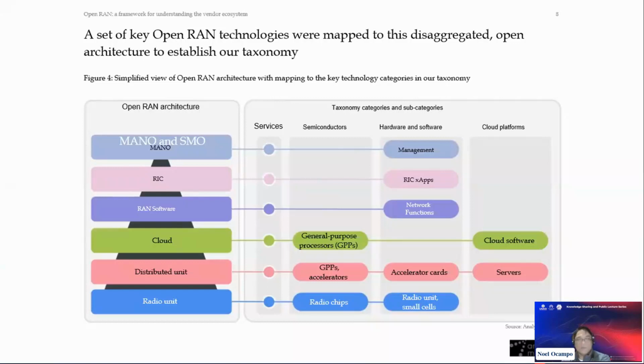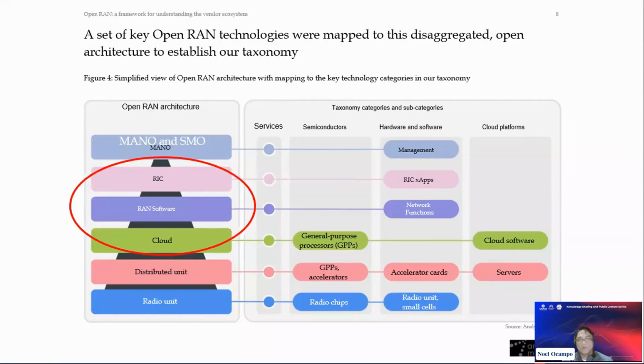But the software that is being developed for those three elements in the Open RAN architecture, which I have encircled, is mostly developed by future third-party players in this field.